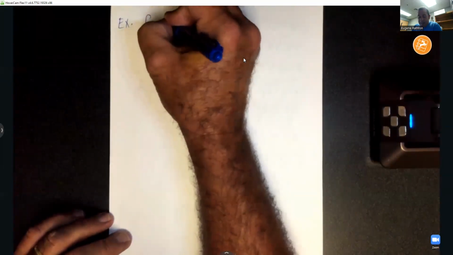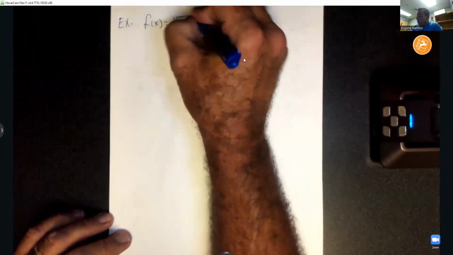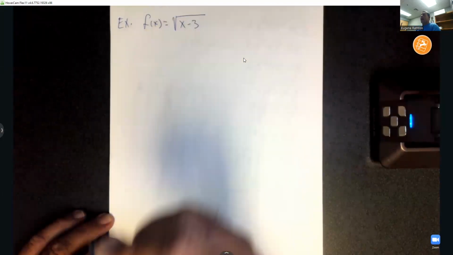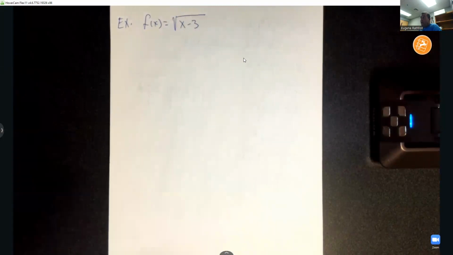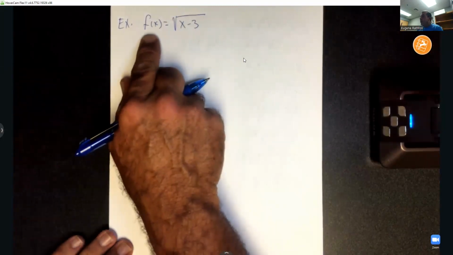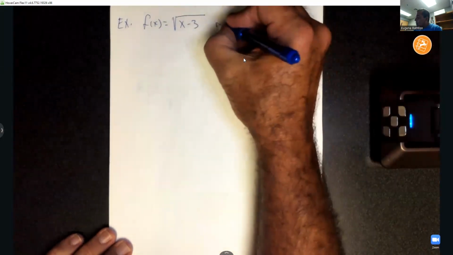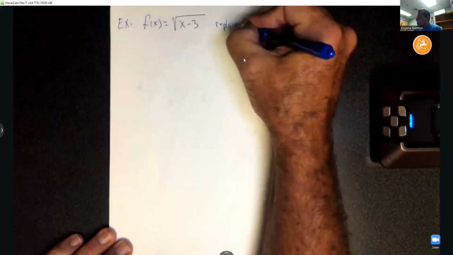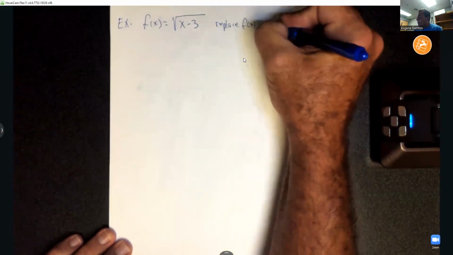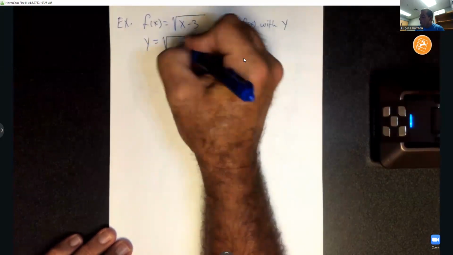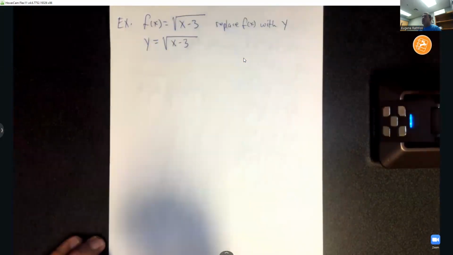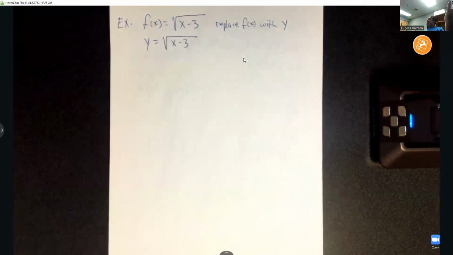F of x equals the square root of x minus 3. So pretend like we graphed it. It's 1 to 1. So we're going to replace f of x with a y. So y equals the square root of x minus 3. Next step.